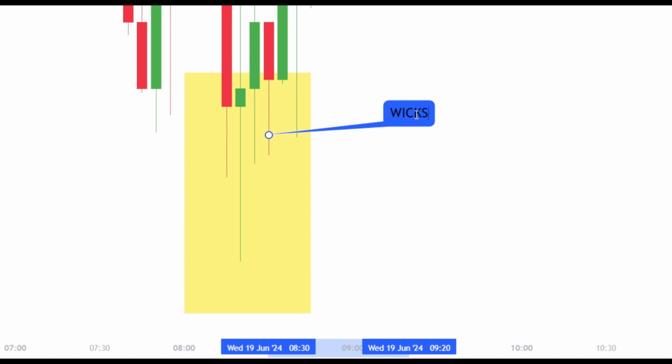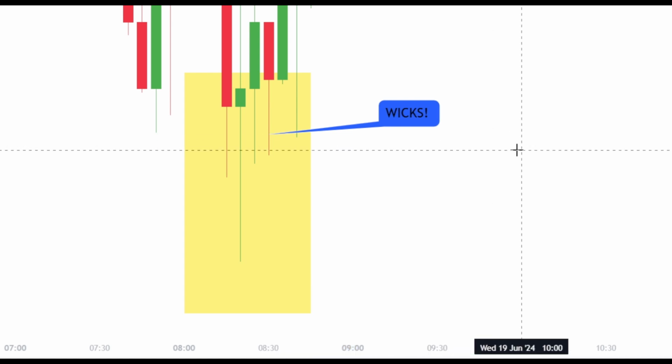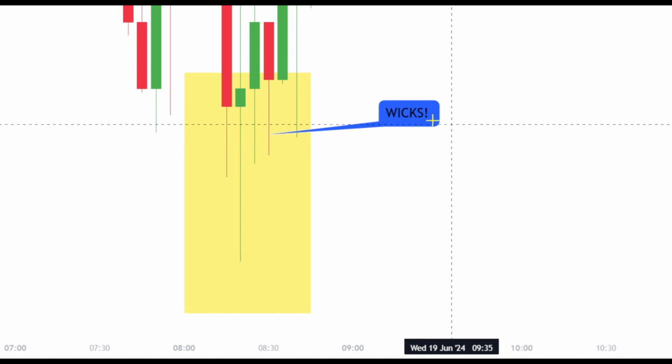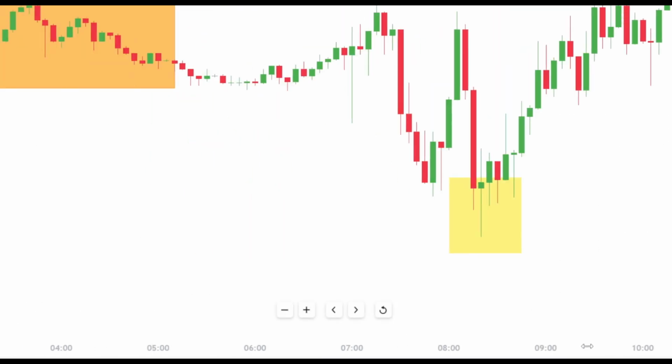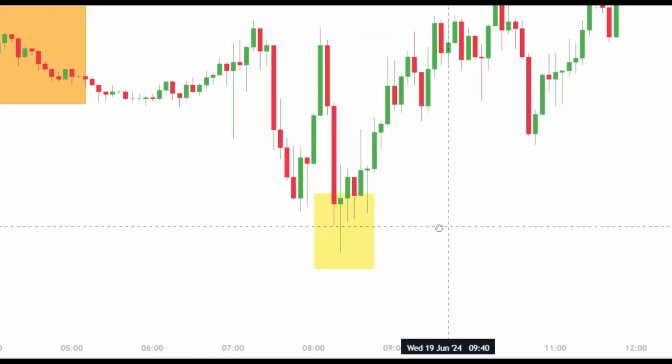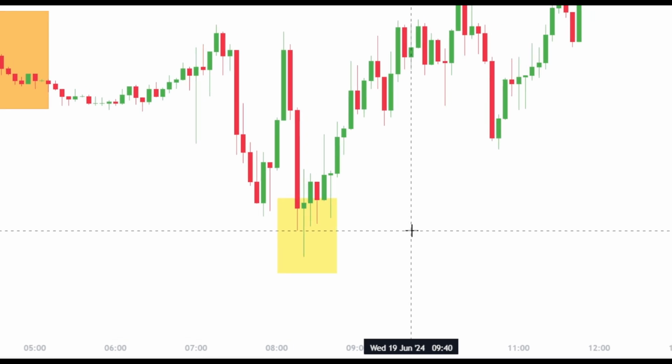Look out for wicks versus bodies. Very, very important. This is the lesson of wicks versus bodies. Manipulations occur often with wicks. Breaks of structure occur with body breaks, and that's a very good way you can avoid the losses from a confusion between liquidity versus breaks of structure.